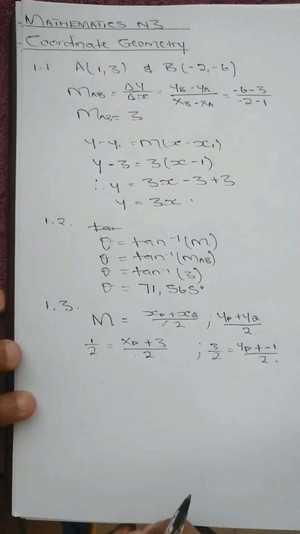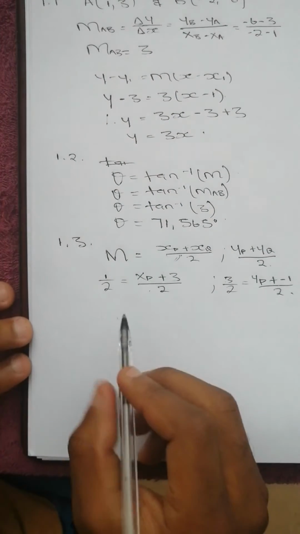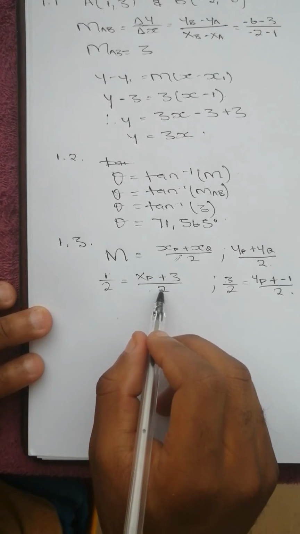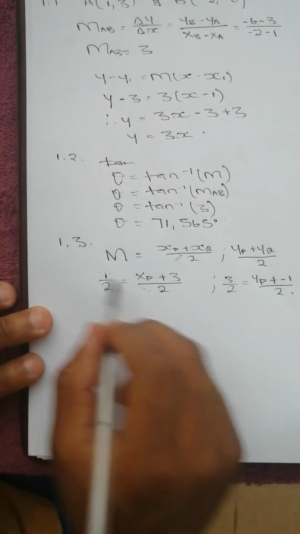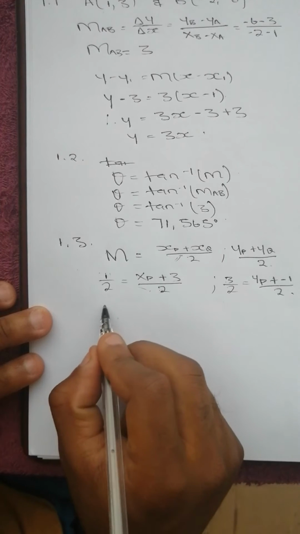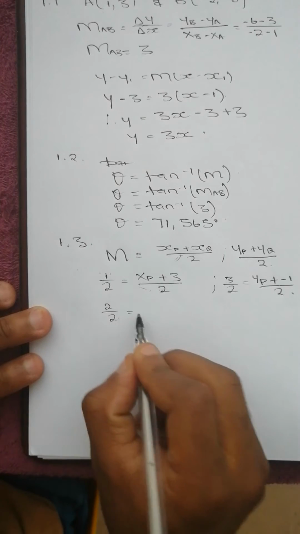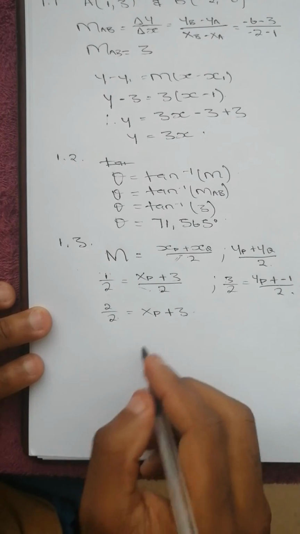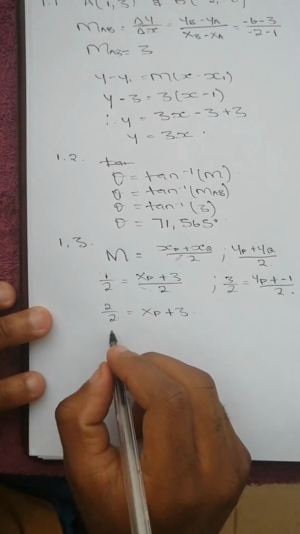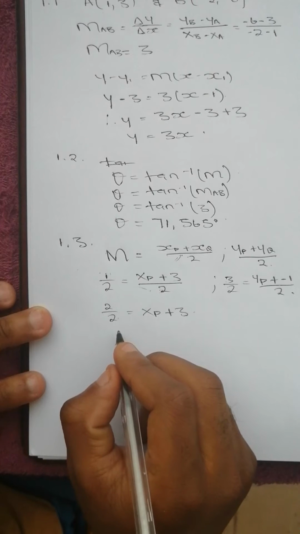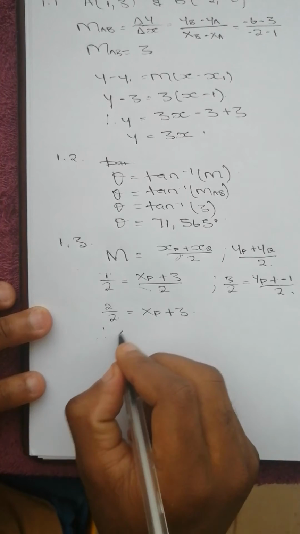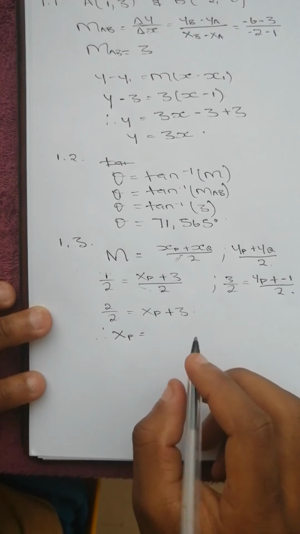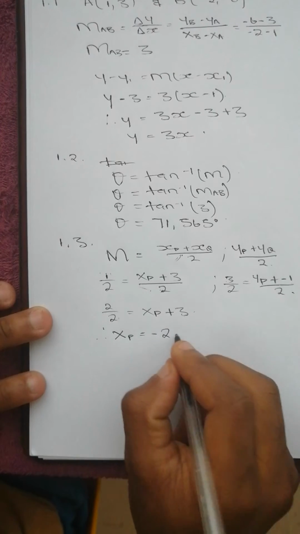So let's start by solving this. We're going to take these two to this side by cross multiplication. So it's going to be 2 over 2 equals x_P plus 3. Then we take 3 to the other side. Therefore x_P is going to be negative 2.